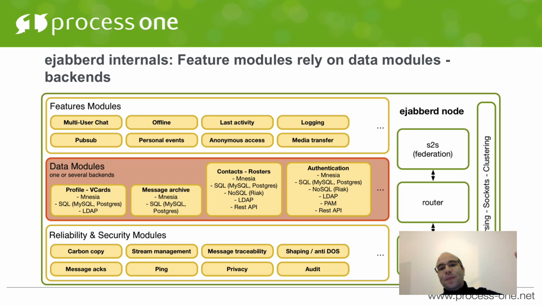So many modules that provide features in ejabberd rely on a data backend, and this can be a bit daunting when you deploy ejabberd, but trust me, this is very flexible and allows you to build something which exactly matches your own requirements.